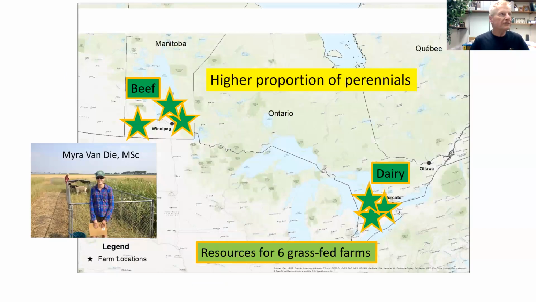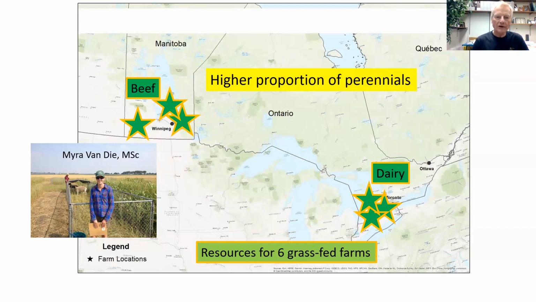So one of the experiences that we had, a graduate student of mine, Myra Van Dee, looked at 6 operations that were involved in organic beef production, and they did grass-fed. Now, why did they do grass-fed? It's because their land was really well suited to growing perennials.